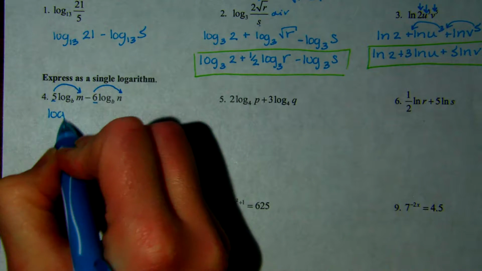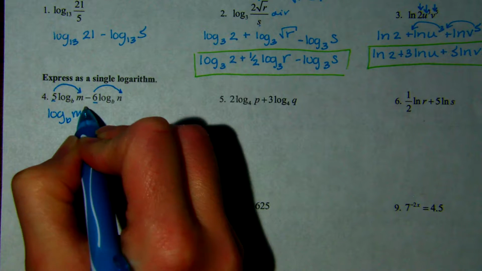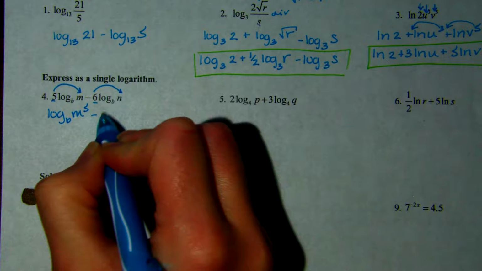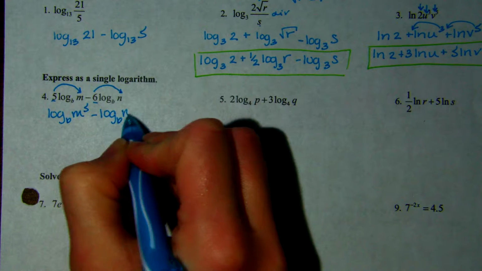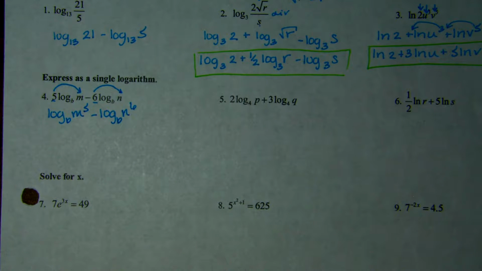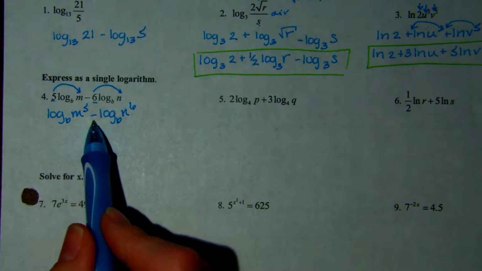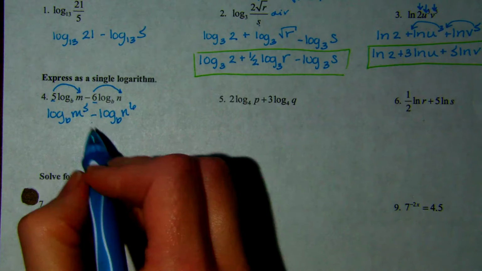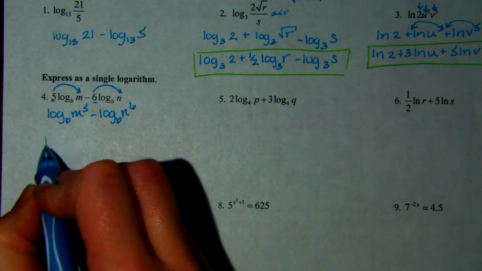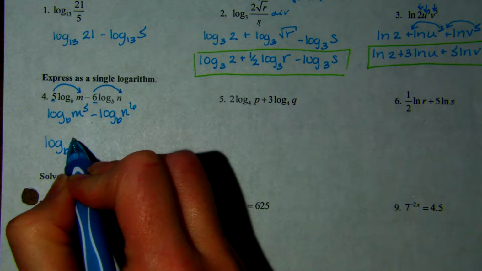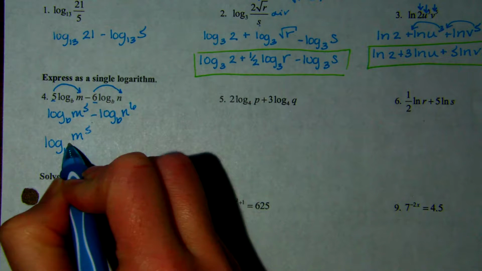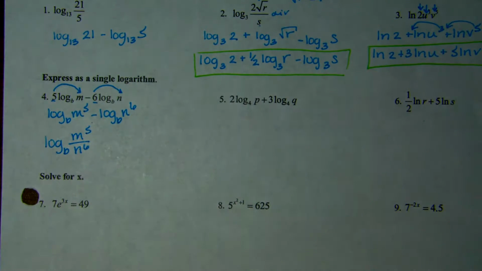So this is log base b of m to the 5th minus log base b of n to the 6th power. And now that the exponents are back, I can put these together because there's subtraction there. That means division when I put it together as one log. This is log base b of m to the 5th over n to the 6th, like that.